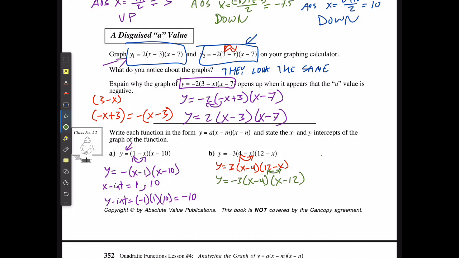So now I have x-intercepts occurring at 4 and 12, and the y-intercept is going to occur at -3 times 4 times 12, or at -144.